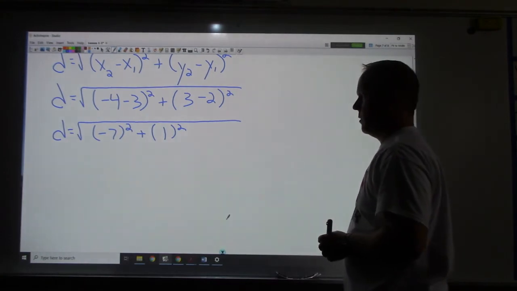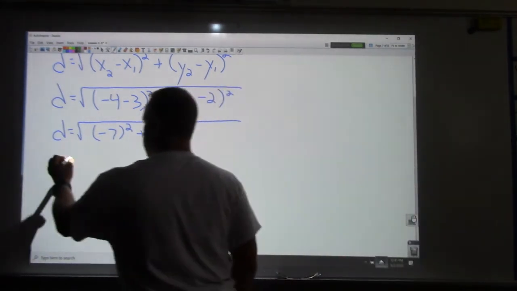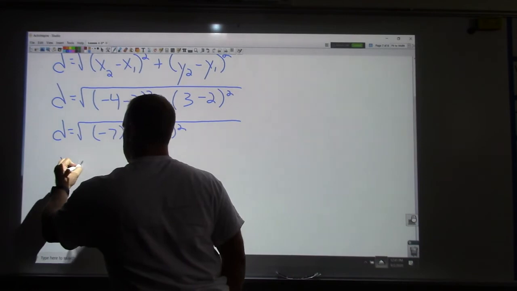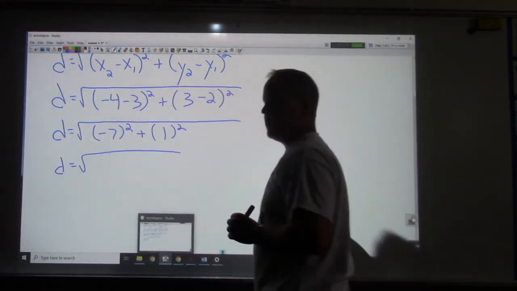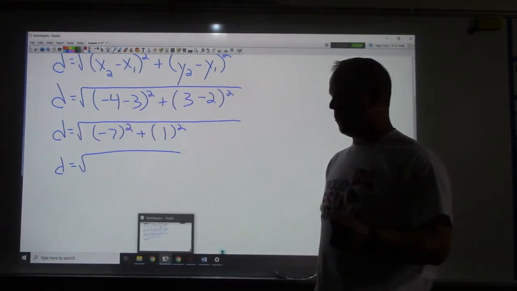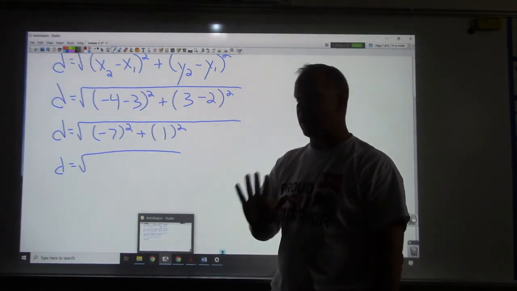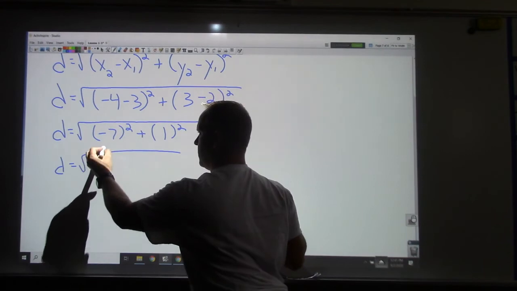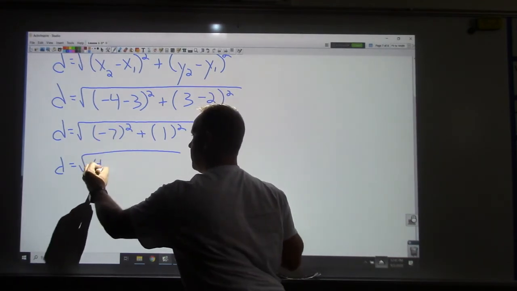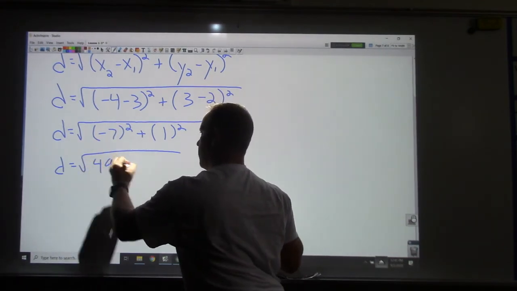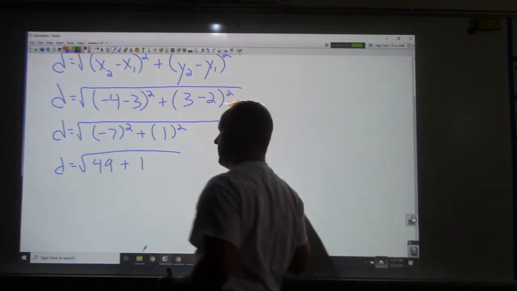Square both of your numbers. Negative 7 squared is positive 49. Folks, when you move from this step to this step, you should have no more negatives left at all, because anything squared is positive. So negative 7 squared is 49, plus 1 squared is 1.